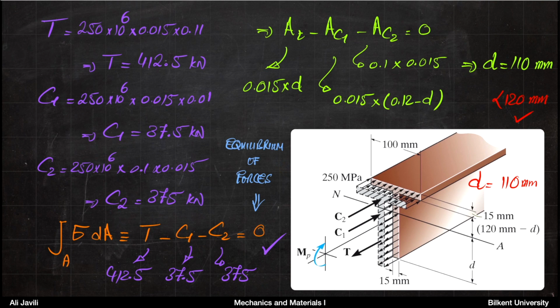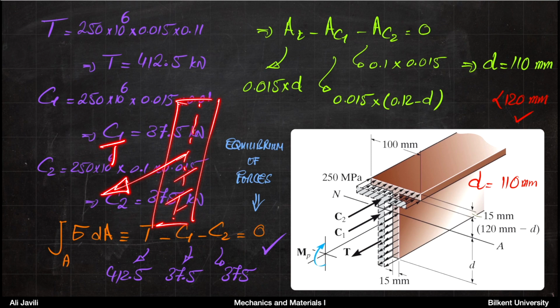Okay, so now that we have this, all you need to do is to calculate the moment due to these forces. So you know you have a force T, and then they have uniform distributions. So basically, if you have a force T, you know it's going to be at the center of that little part.